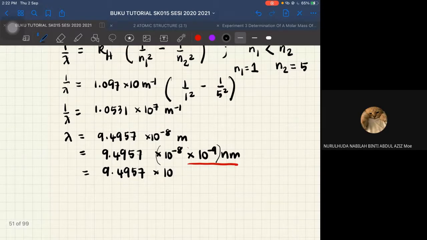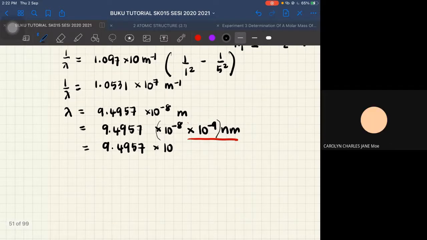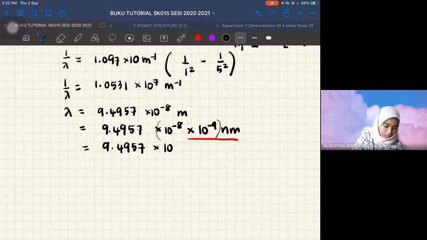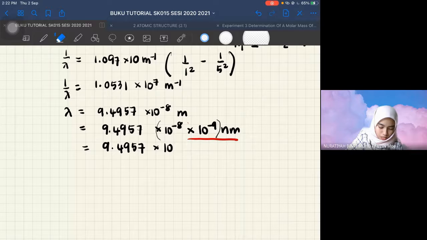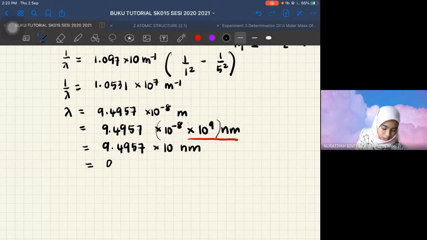Negative 8 minus negative 9 gives what? Positive 1. So we use times 10 to the power of 9, because nano is times 10 to the power of negative 9. Thank you, Brandon. So we get 10 nanometer times 9.4957, which is 94.957 nanometer.